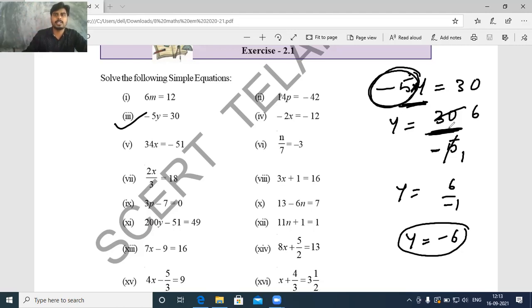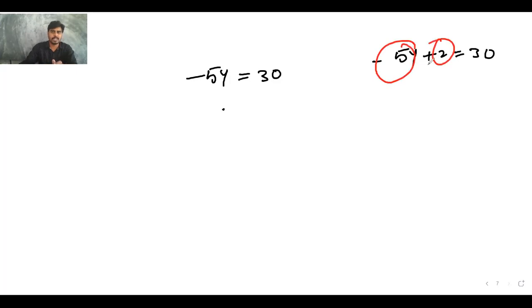Okay, she may not understand. No problem. See, Nana, minus 5y is equal to 30, right? Suppose minus 5y plus 2 is equal to 30. The terms which have plus and minus relation with another term: here we have two terms on the left side, minus 5y and plus 2.